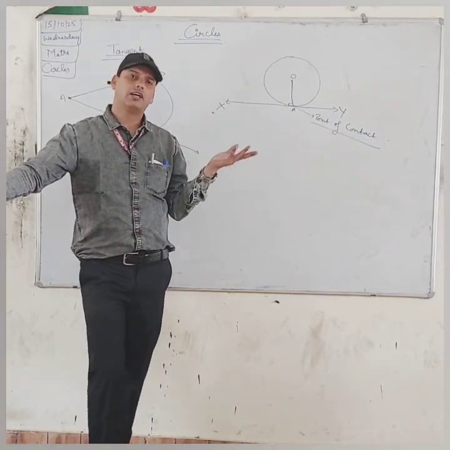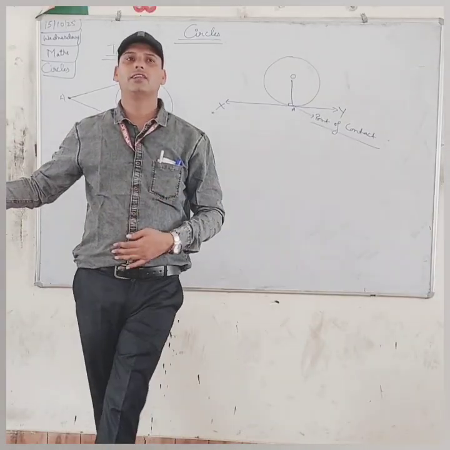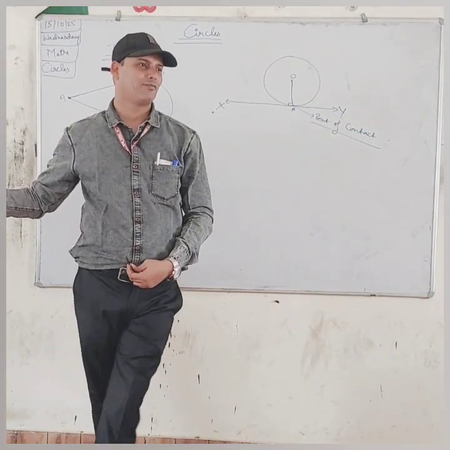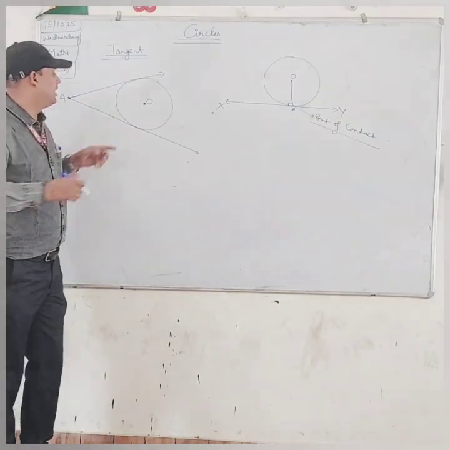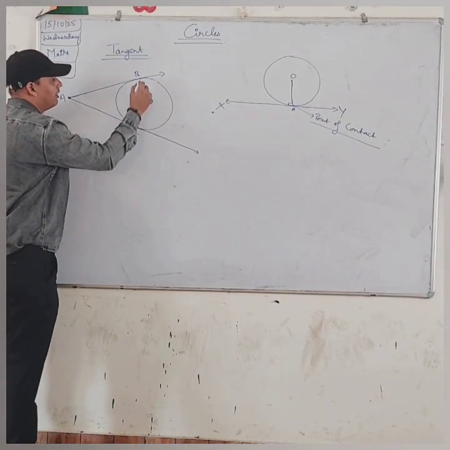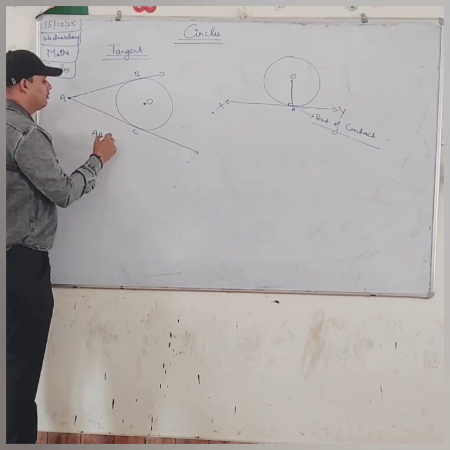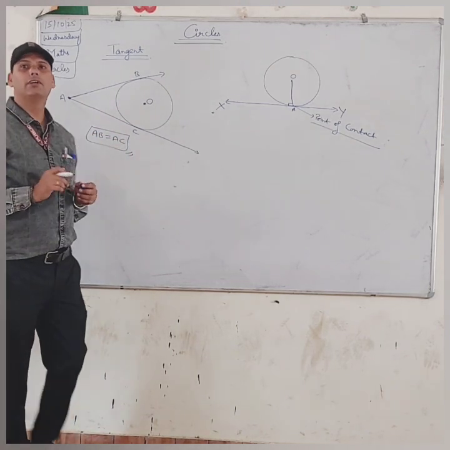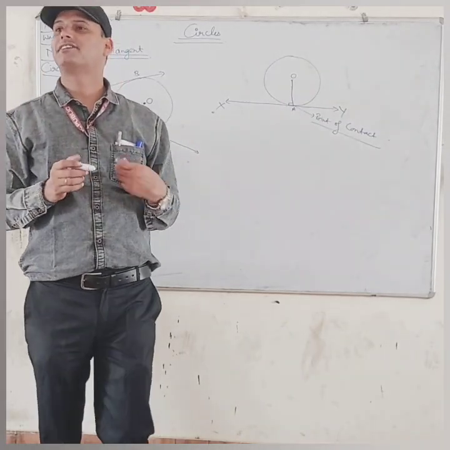In later classes you will study that the lengths of both the tangents will also be equal. These both tangents, if I say this point A, point B, point C, so AB will be equal to AC. Should I prove?